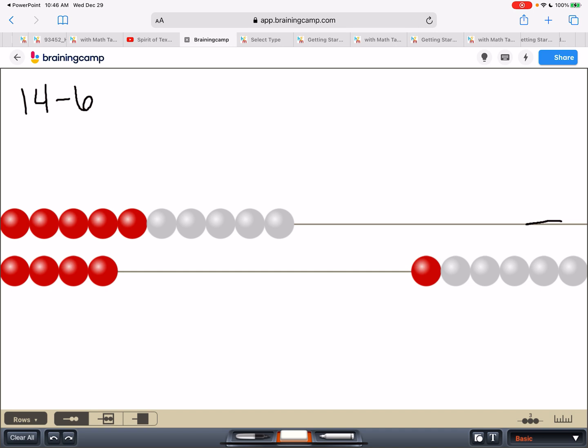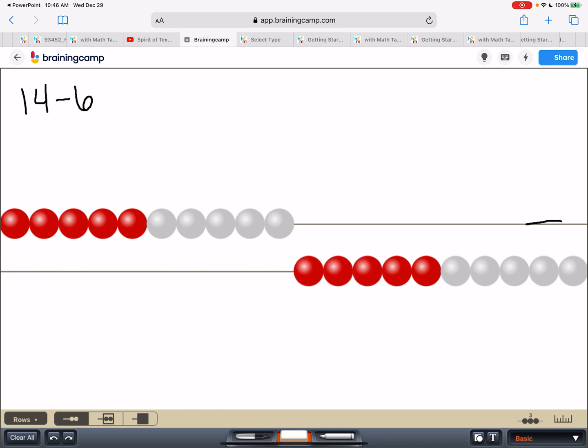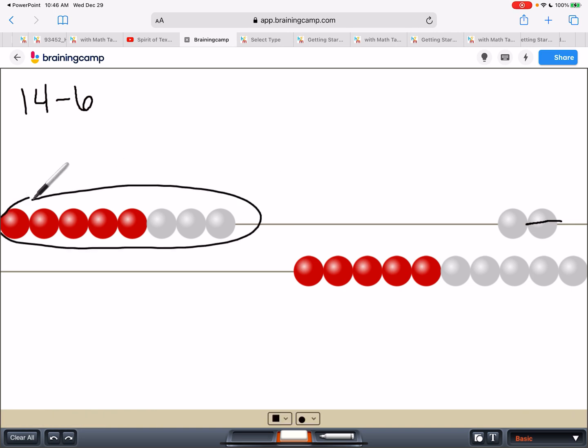So instead of subtracting all of the 6, I could subtract 4 first. And then I have to know if I subtract 4 first, that gets me to that friendly 10. Now I need to subtract 2 more because I need to subtract 6. And now I'm left with 8.